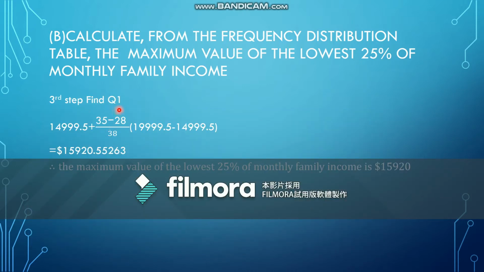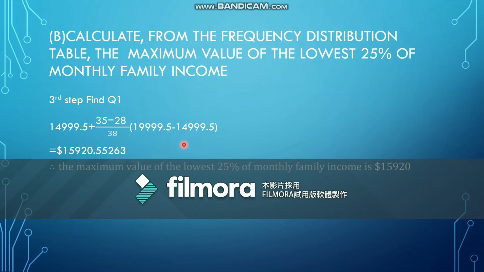The last step is to find the first quartile. We can use this number, which is the lower class boundary of the data's class, and then add to it the position of the first quartile minus the cumulative frequency of the previous class, divided by the number of families in the first quartile's class, and then multiply by the upper class boundary of the class minus the lower class boundary of the class.